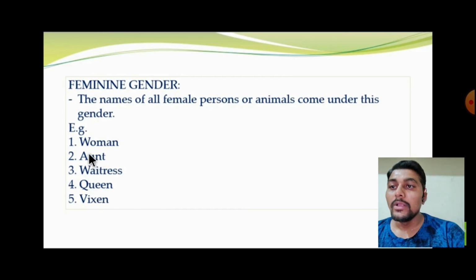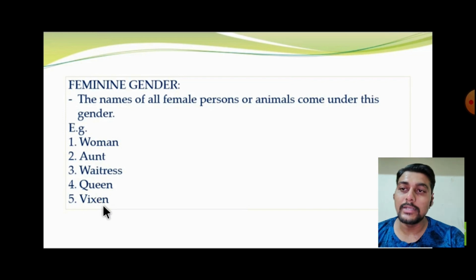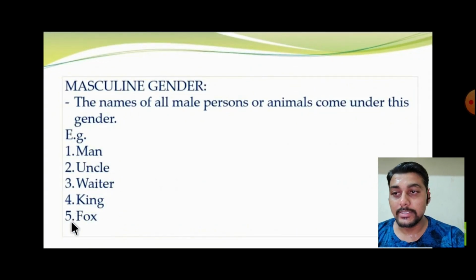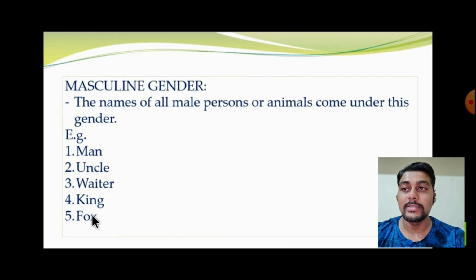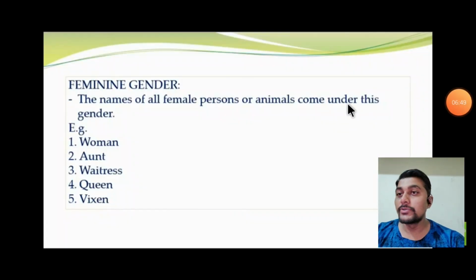The last word, vixen, is the feminine noun of which one? Yes, the fox. The fox is a masculine gender noun, so when we convert these five, they become feminine gender: woman, aunt, waitress, queen, vixen. Understood? This is the second type of gender, feminine gender. Let's go to the next one.